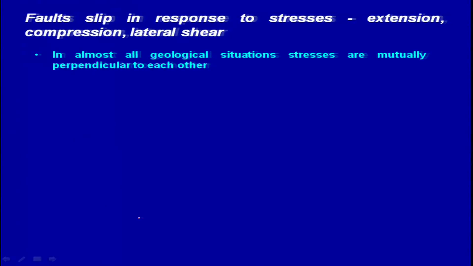Now, fault slip is a response to the stresses, either extensional, compressional, or lateral shear. In almost all geological situations, stresses are mutually perpendicular to one another, so we have sigma 1, sigma 2, and sigma 3.